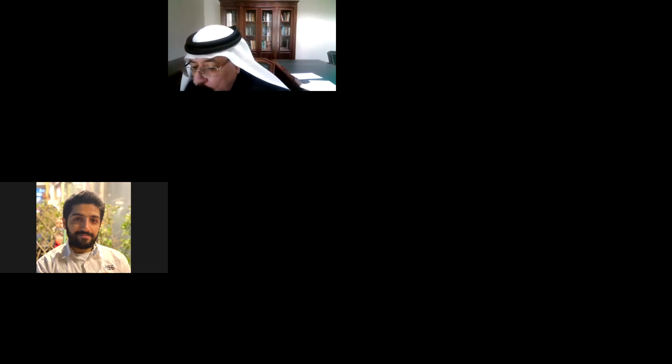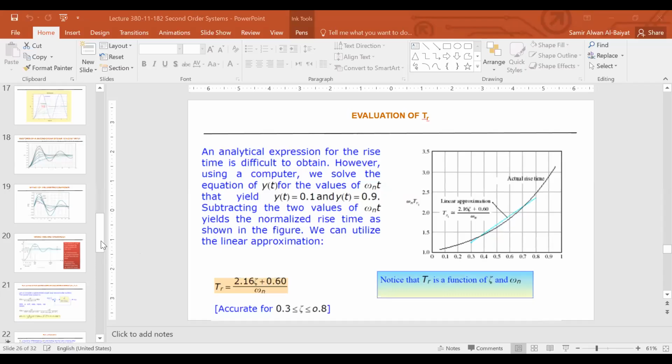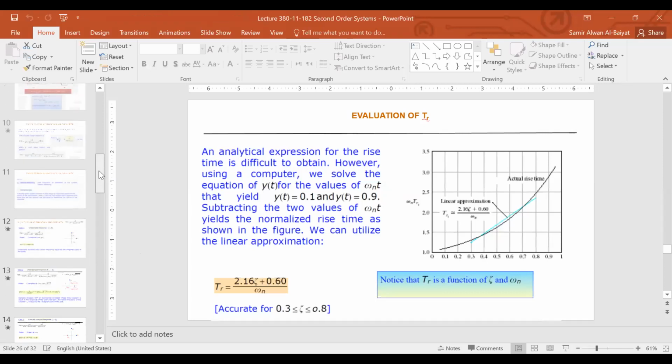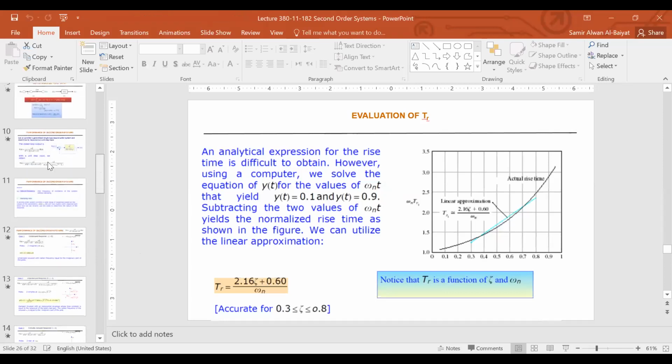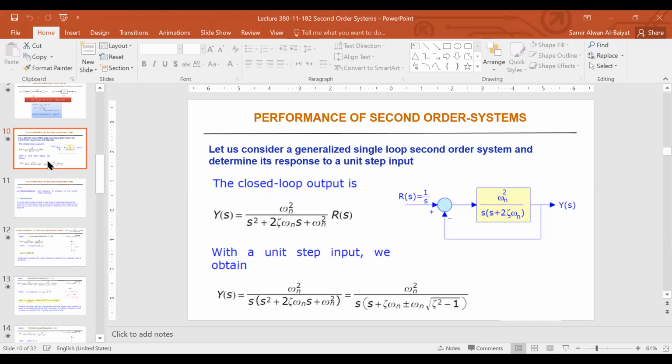Okay, Shabab. We would like to continue with the second order system, which we started last time, where we said we would like to do the time domain analysis and design as well.